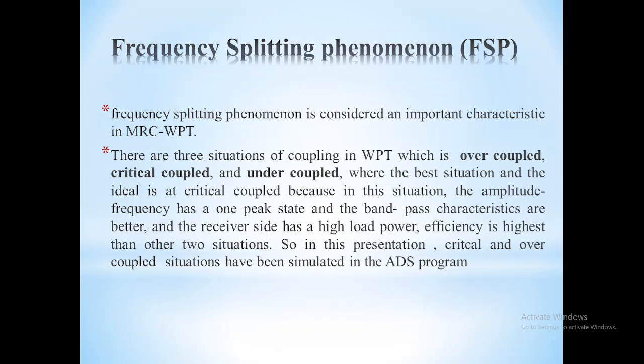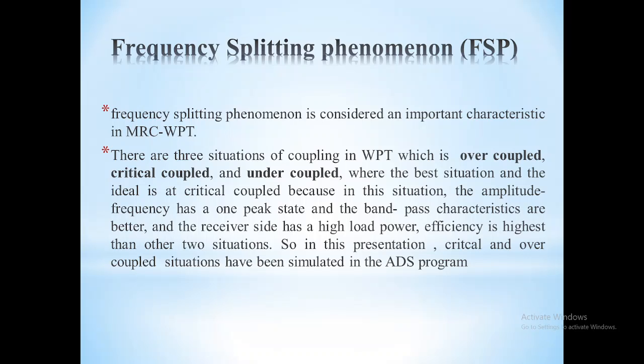Now we will talk about the frequency splitting phenomenon, which is considered an important characteristic in magnetic resonance coupled wireless power transfer. But before we explain how it occurs, we should know there are three coupling situations in wireless power transfer: overcoupled, critical coupled, and undercoupled levels.